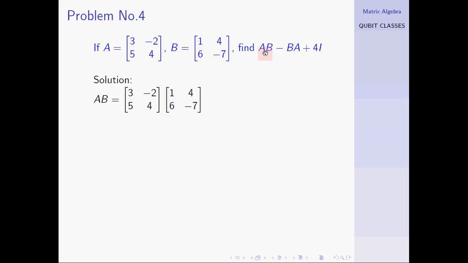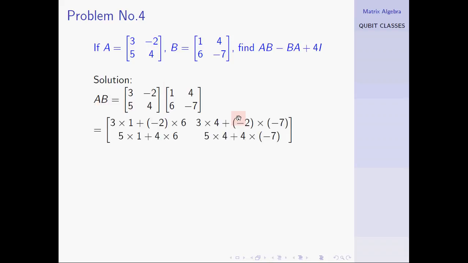Let's see the first part, which is A into B. So I have written down matrix A and matrix B. Now to perform matrix multiplication, we proceed like this. Consider the first row of the first matrix and the first column of the second matrix. Multiply the first element in the first row with the first element in the first column, so you'll get 3 into 1.